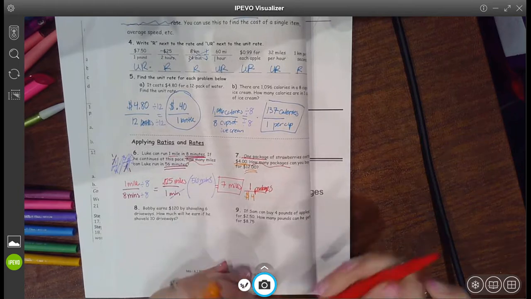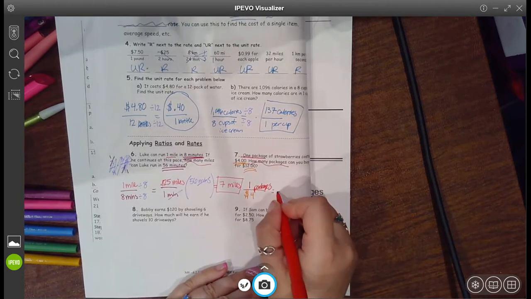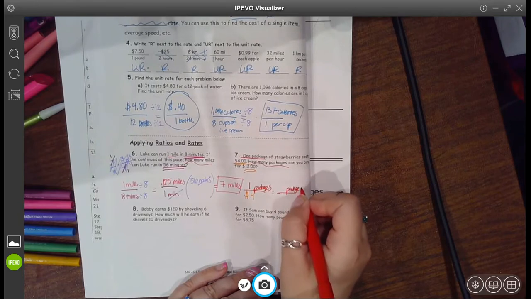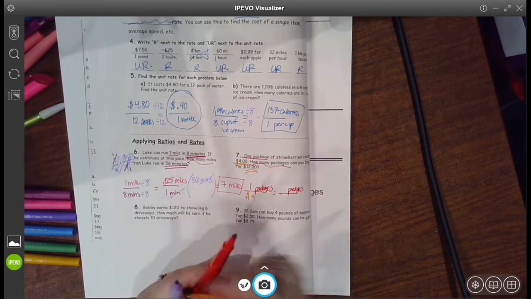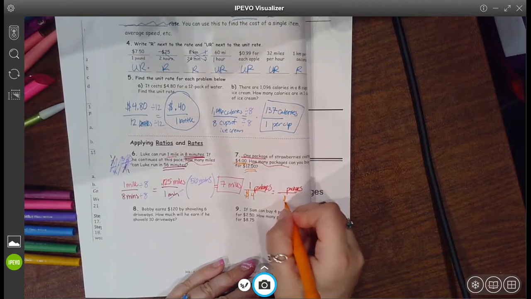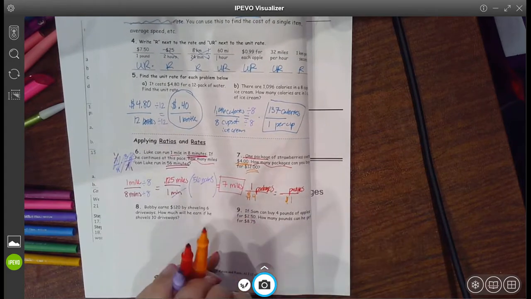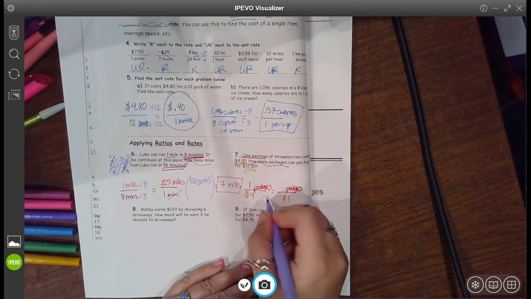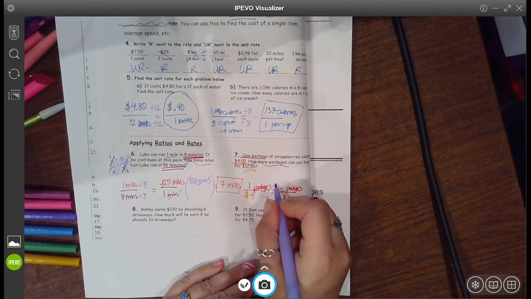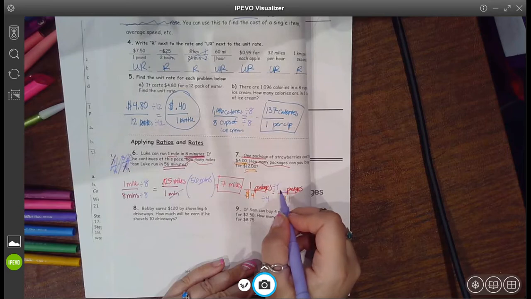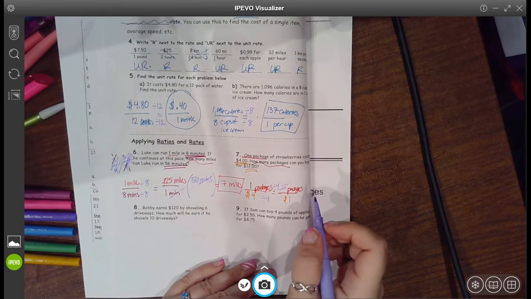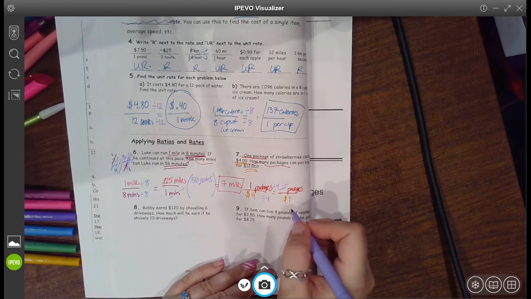So I want to find the unit rate of how many packages I can get for just $1. Well, how do I go from 4 to 1? I divide by 4. And whatever you do to the bottom, you have to do to the top. So what's 1 divided by 4? 0.25 or 1/4. So you can get a fourth of a package for $1.